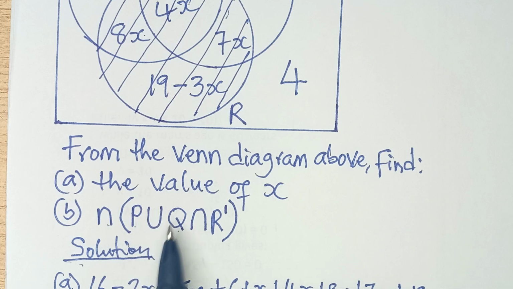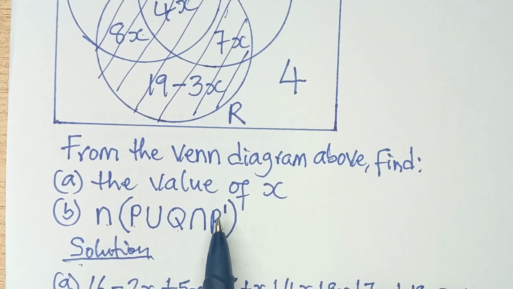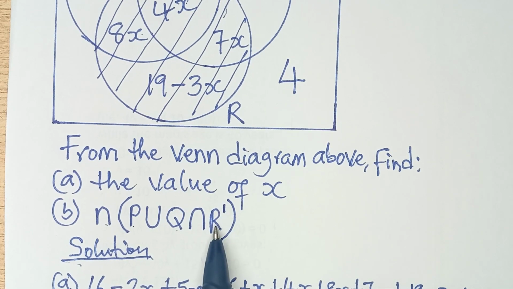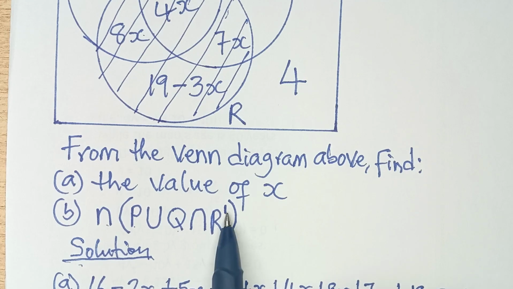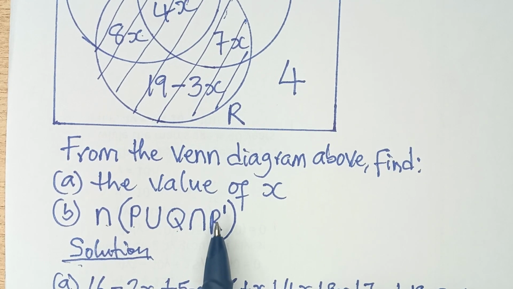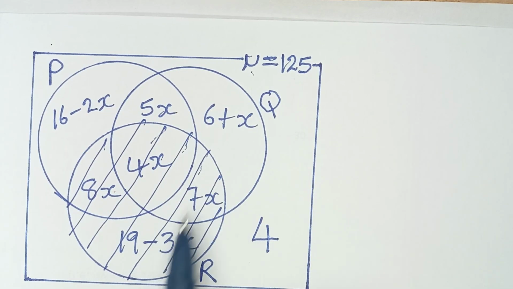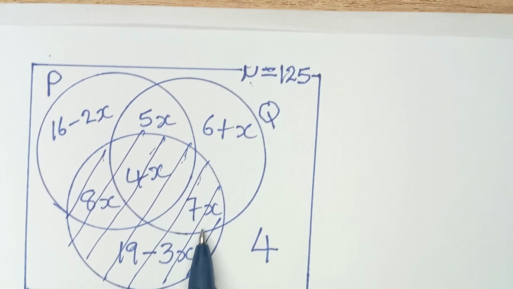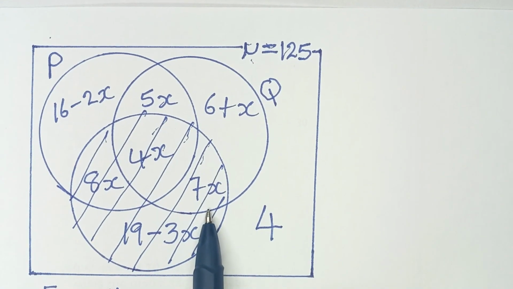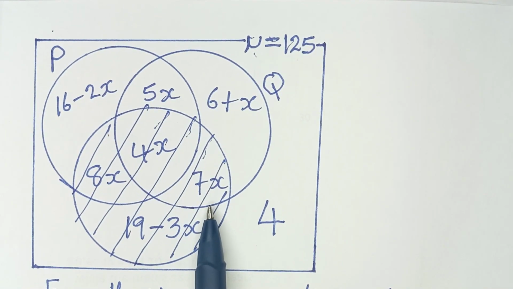Then these two combined together intersect the part that is not R. The part that is not R is what I have already removed now from these lines, this shaded part that I've used lines to indicate. So what we are left with is exactly what the question is asking us to find.